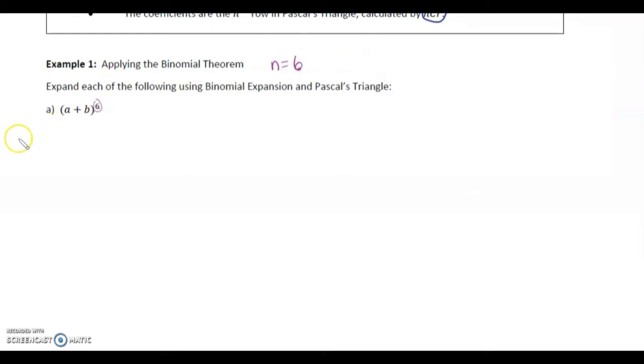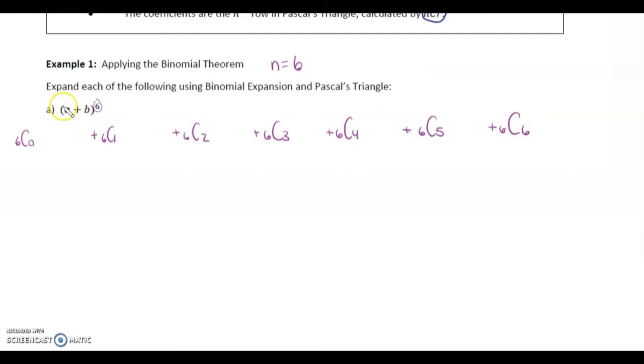To pattern our choose functions, we go 6 choose 0, 6 choose 1, 6 choose 2, 6 choose 3, 6 choose 4, 6 choose 5, and 6 choose 6. Our choose function is patterned for the entire expression.